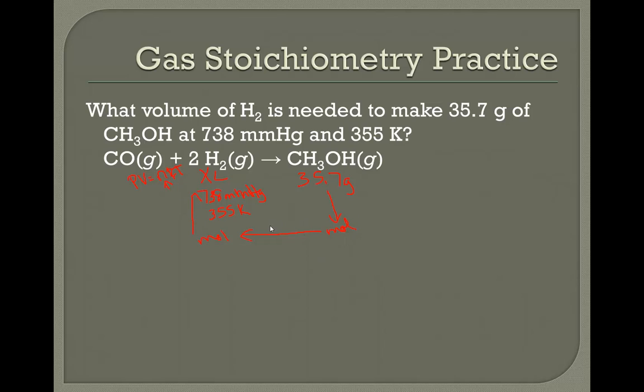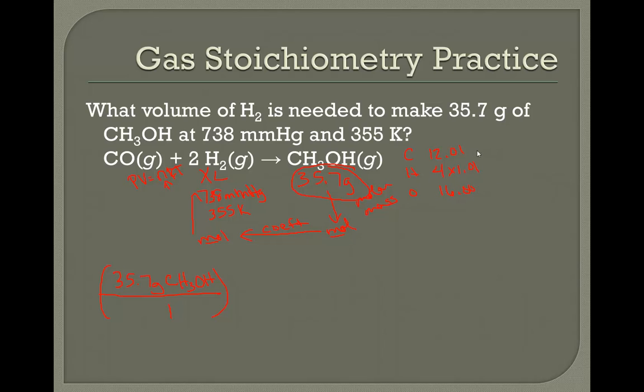We have a horizontal line here, which means we use the coefficients, and the unit is moles. So before we do anything else, we need to convert to moles. 35.7 grams of CH3OH over 1. We need to figure out the molar mass to get from grams to moles. We have carbon, hydrogen, and oxygen: 12.01, 4 times 1.01, and 1 times 16.00.